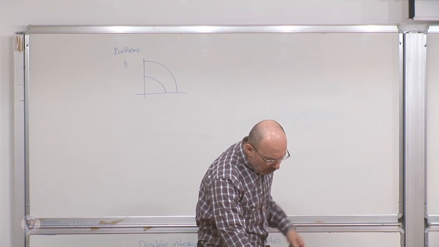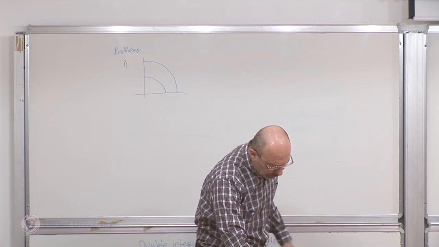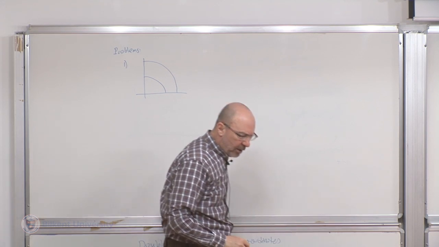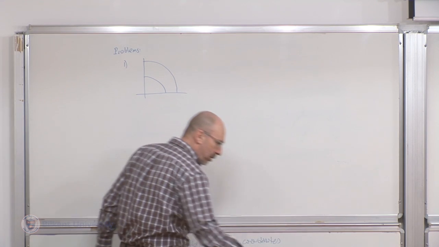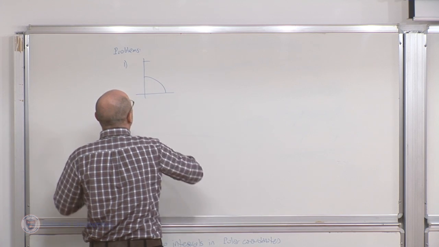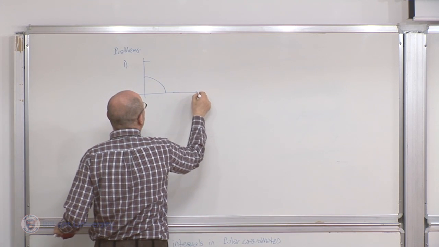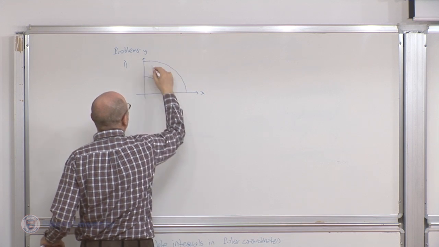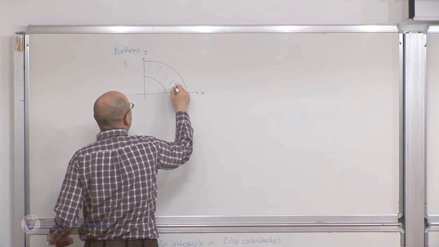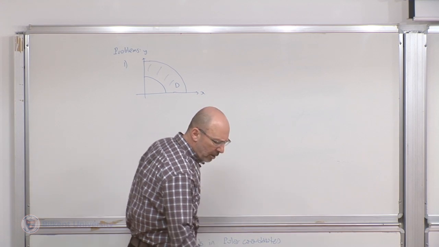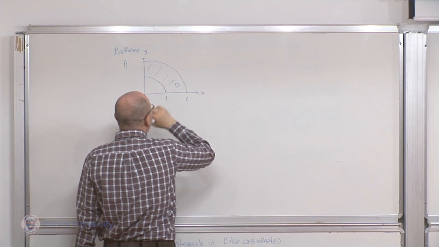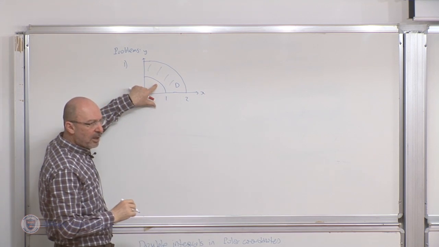Okay. What is the problem? Oh, the problem is to integrate. Okay, so this is the region. Let me make it look more realistic. So this is the region D. Okay, and the numbers are 1 and 2. Okay, so these are circles.